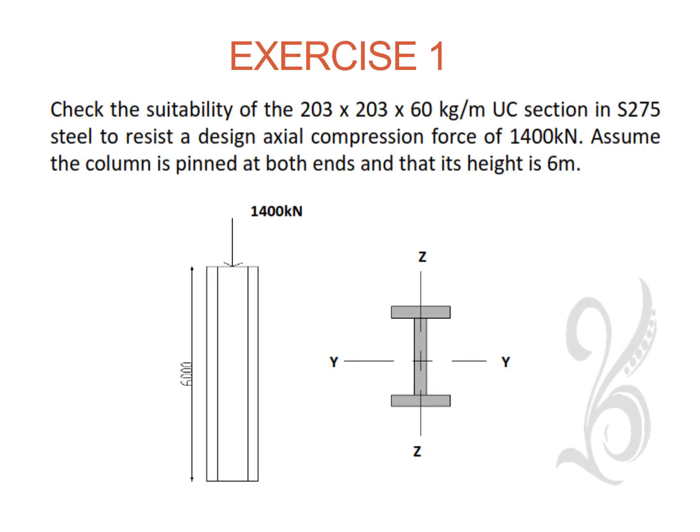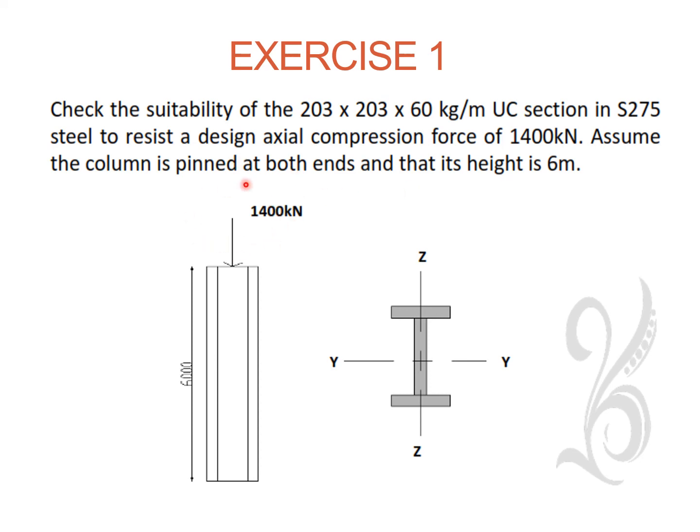Okay, so here is one exercise. You need to check the suitability of the column, given the column size here. The section is supporting a compression force of 1,400 kilonewton, and you assume that the column is pinned at both ends and that the height of the column is 6 meters.